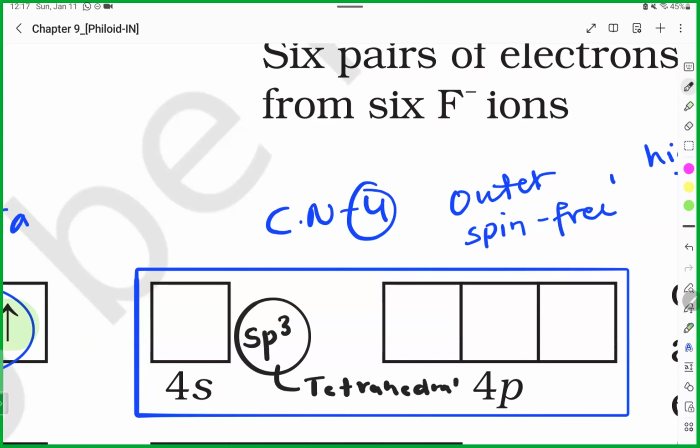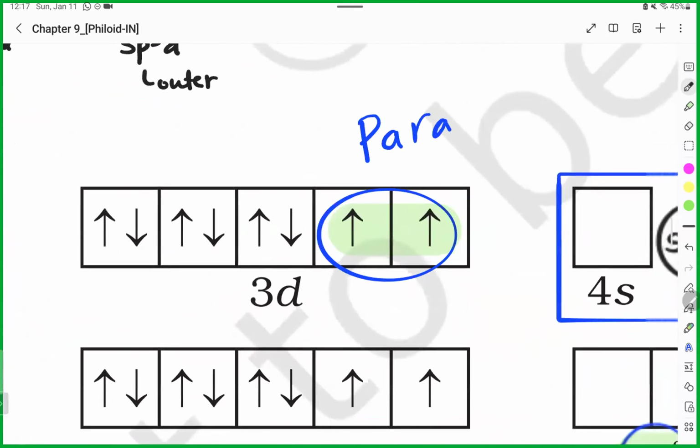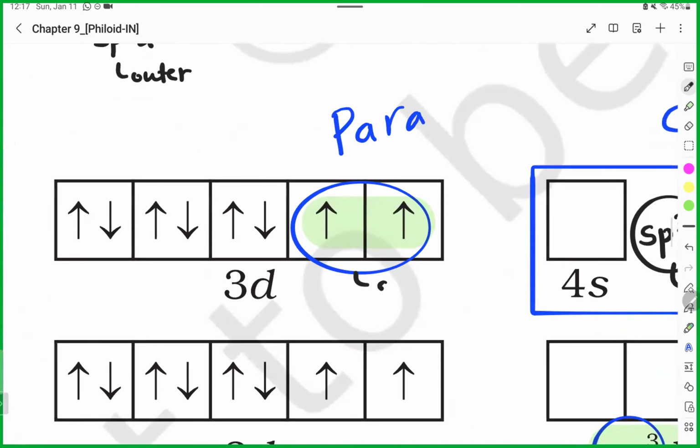And you know many electrons are free. 2 electrons are free here. So this is known as spin free, or high spin. And it is paramagnetic because of unpaired electrons.